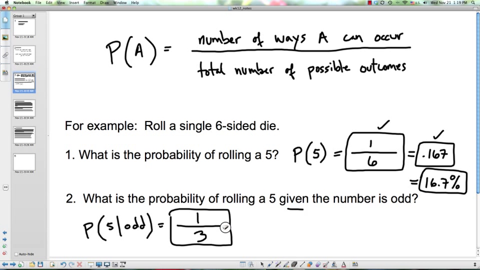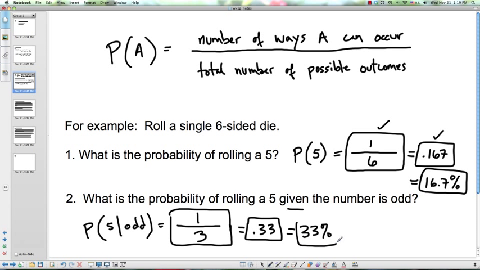I don't like the way my fraction is getting connected to the box. Okay, there we go. And then, of course, I can write that as 0.33. Again, this is repeating, so in decimal, this is not exact unless I put the bar, and I would say it's about 33%.